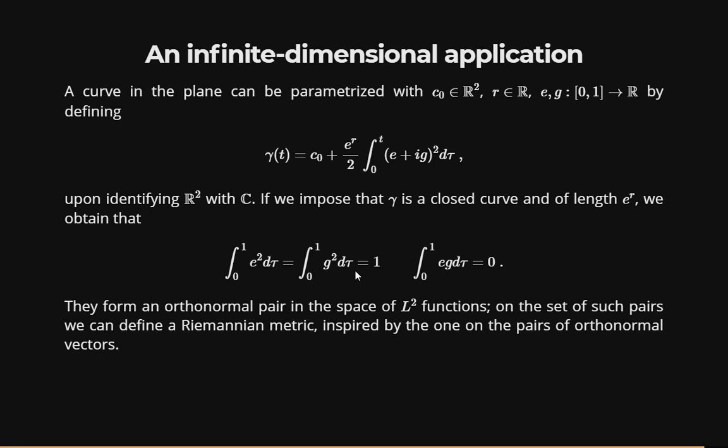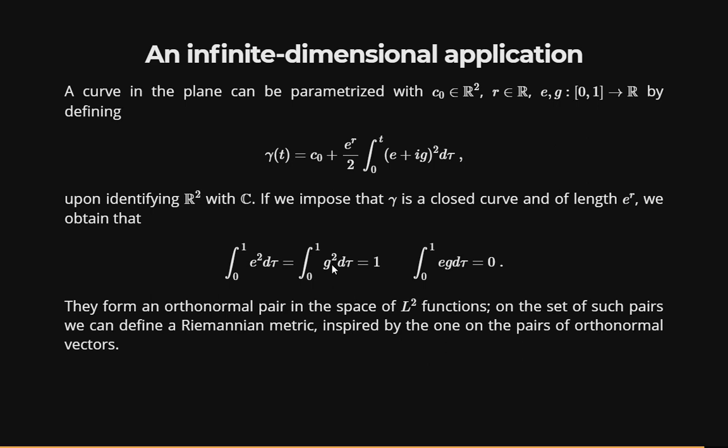But to be general, we could give this as a metric on the space of L2 functions. So the space of L2 functions is a vector space, and you can give, again, a metric on the orthonormal pairs of vectors in this space.